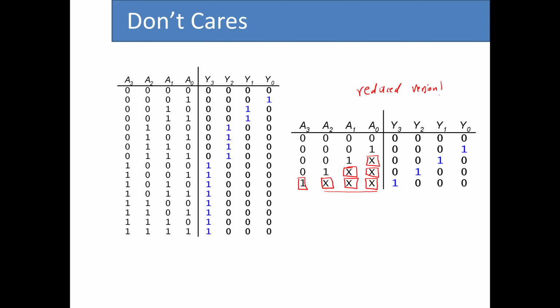And that is what this is representing. Whenever A3 was 0 and A2 was 1, the values for the bits below A2 didn't matter, right? And that's why we represent them with X's. And the same is true for this one too. So that is one of the use cases of the symbol X.